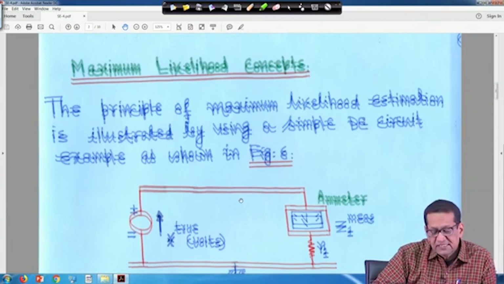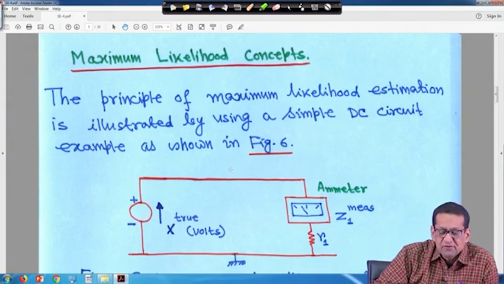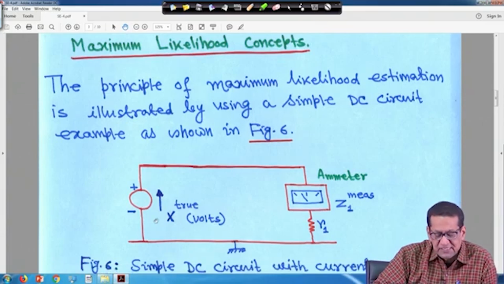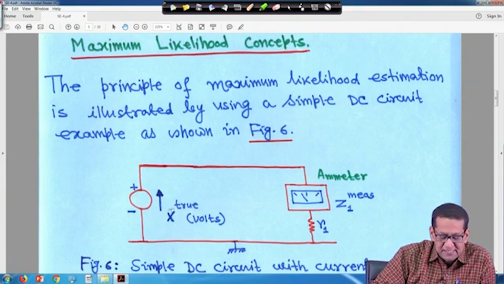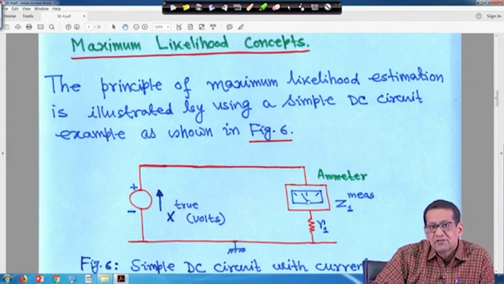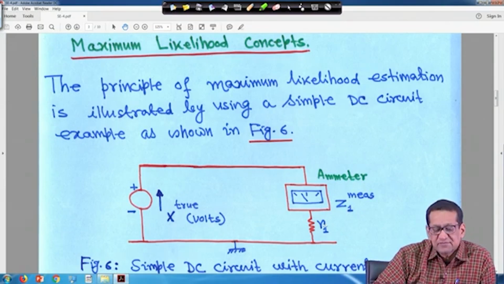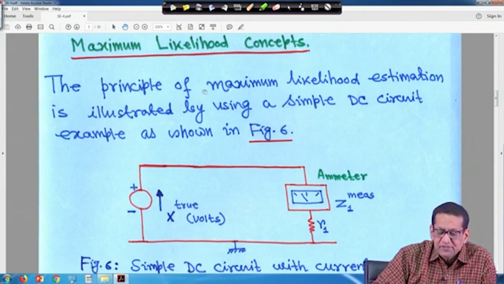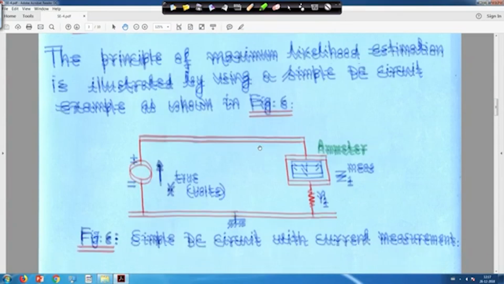So, for example, consider the maximum likelihood concept. Consider a simple DC circuit, right. It has a voltmeter, x2 is the volt, and there is an ammeter also, and it is measuring the current. We get the Z1 measurement, and R1 is the resistance of the circuit. The principle of maximum likelihood estimation is illustrated using a simple DC circuit example, as shown in figure 6.